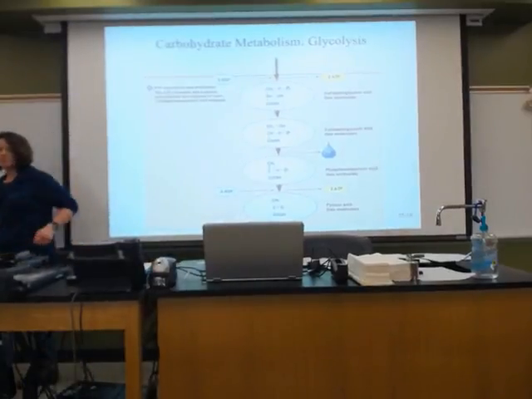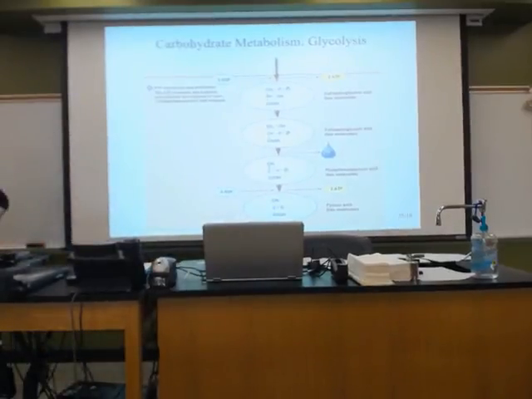Okay, so at the point we left off, we had generated the 2 pyruvic acid, and if needed, 2 ATP that the body can use. Now, if the body is not in a position where we're using up our oxygen faster than we can utilize it, we're going to move into the aerobic respiration.